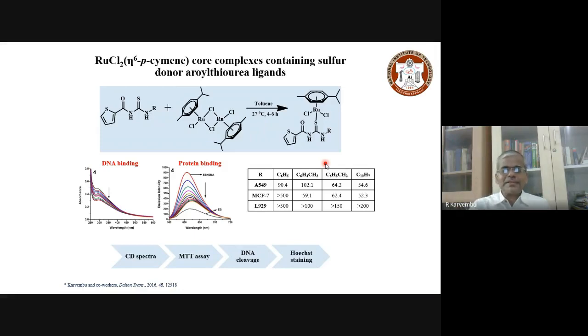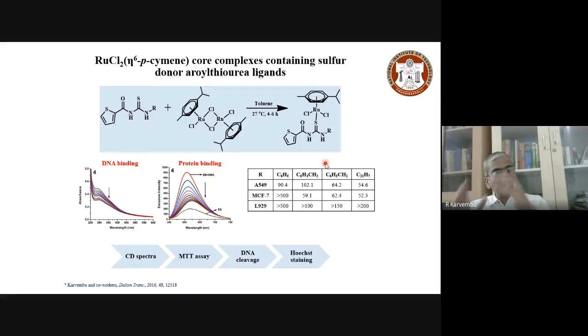So before we test anti-cancer activity, we do some preliminary studies in our laboratory. We see whether the complexes bind with DNA. We see whether the complexes can bind with protein. For the complexes to act as effective anti-cancer agents, similar to cisplatin, they should bind with DNA. The complexes intercalate between the DNA base pairs, and because of that, there is a cross-linking of DNA strands.